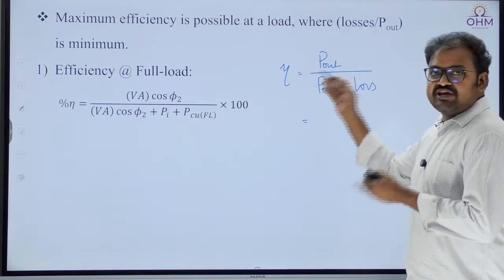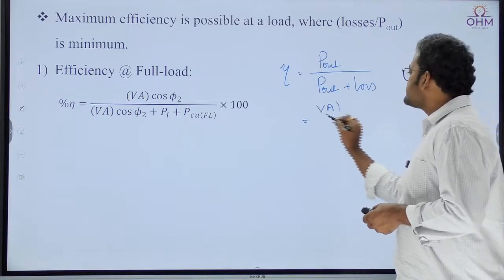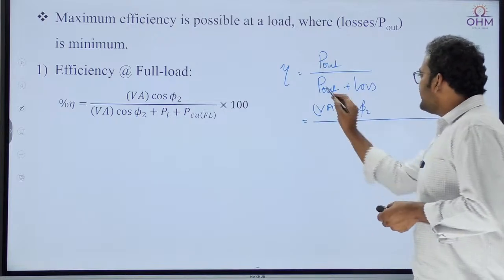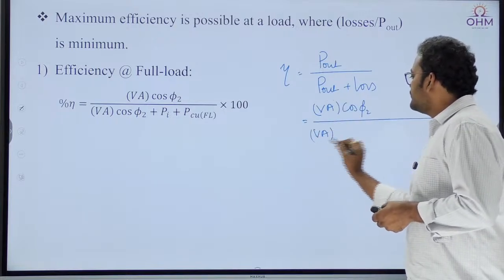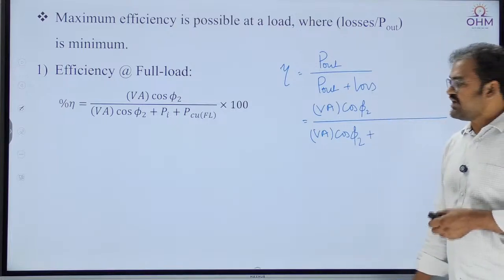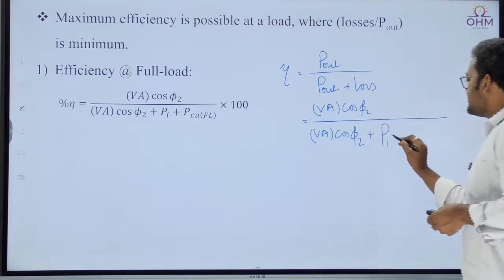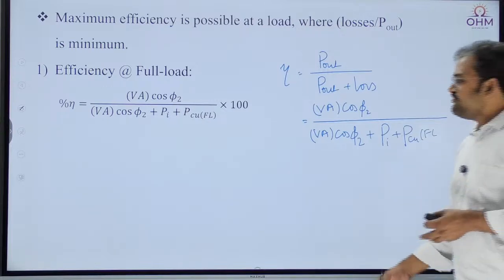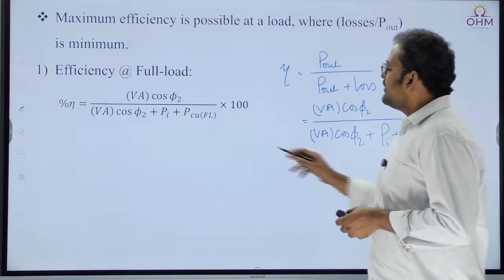Active power means VI cos phi, that is VA rating of the transformer into power factor of the load cos phi, divided by VA rating into power factor plus losses. There are two types of losses: iron loss and full load copper loss. And if you multiply with 100, you will get percentage efficiency.